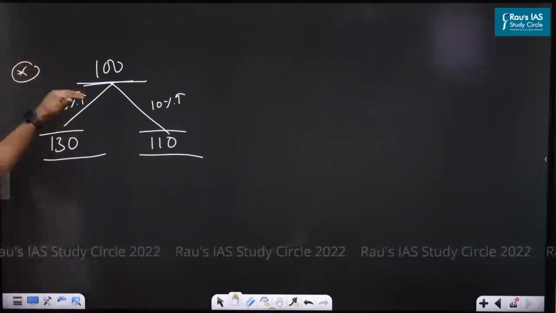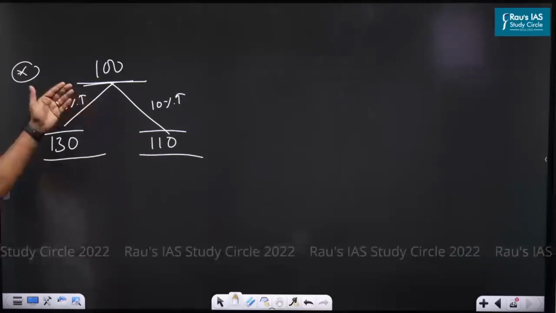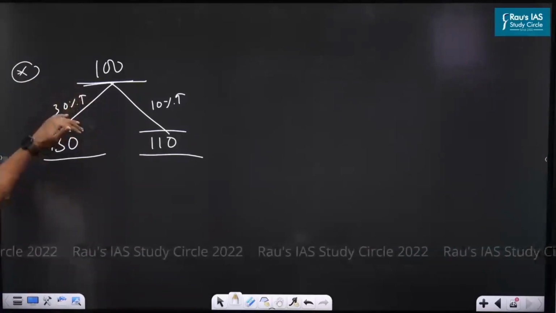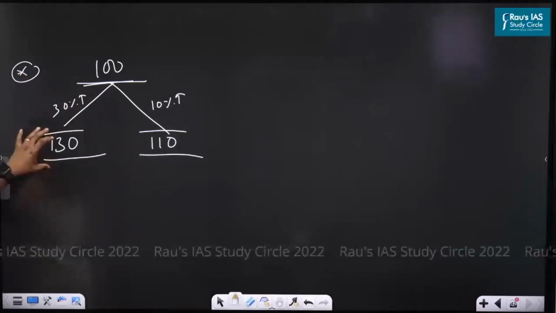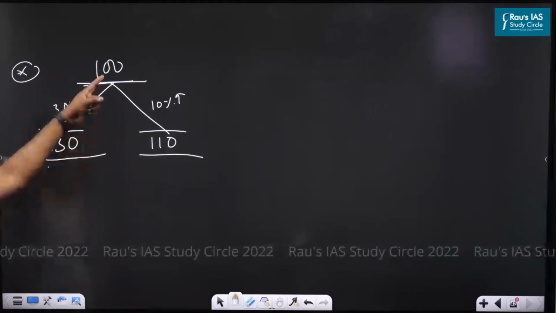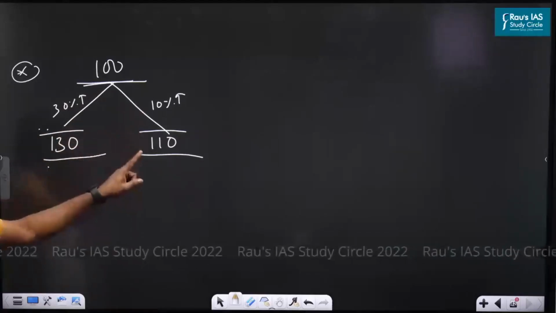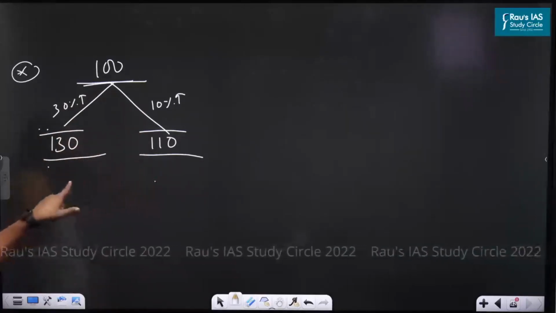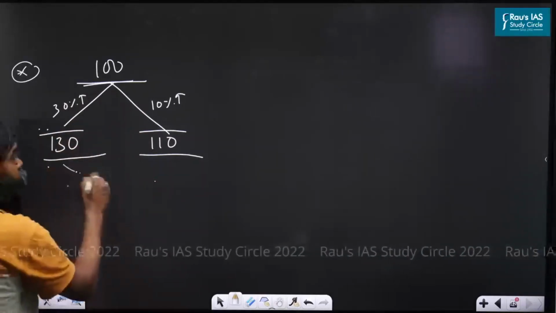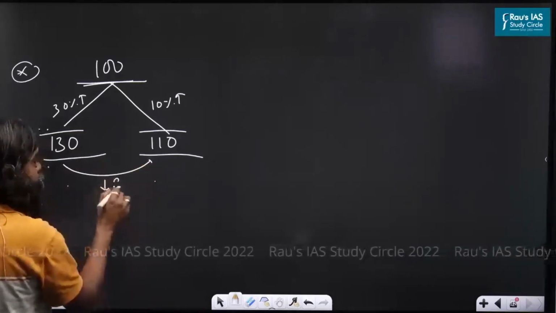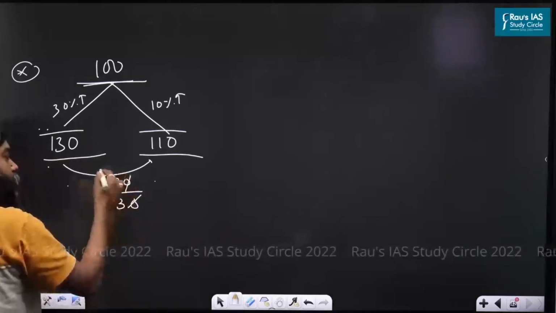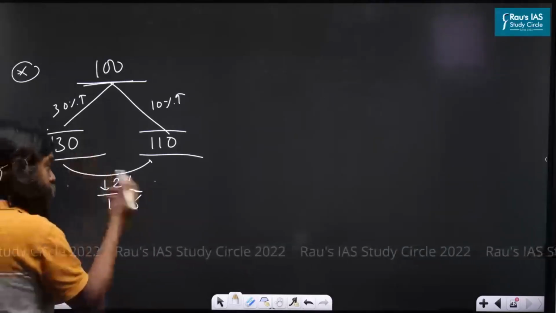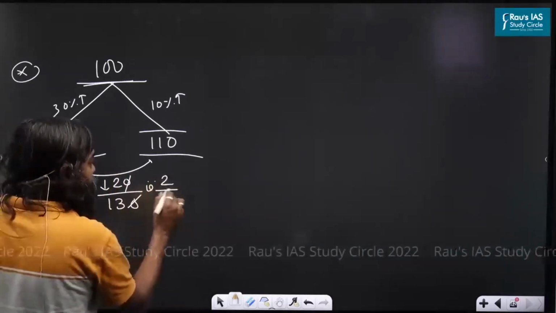Price increased by 30%, so to purchase the same quantity my expenditure is 130 rupees. But the question says your expenditure increased by 10%, so I can spend 110 rupees only. I cannot spend 130, so I have to decrease my expenditure. By how much? 20. From where? 130. This much worth of expenditure I am decreasing, so that much worth of consumption is going to decrease.